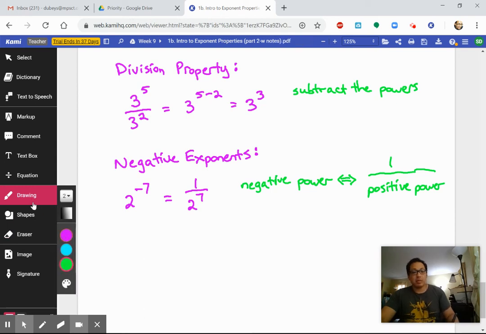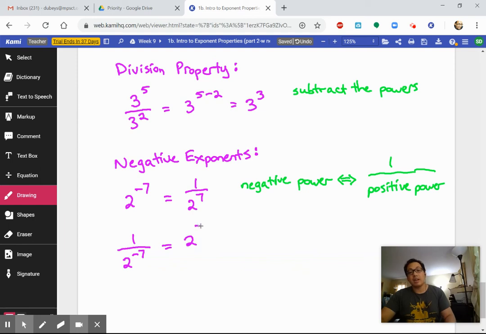Another example: if the negative was on the bottom, if I had 1 divided by 2 to the negative 7, that's the same as I could flip it to the top. I could say it's 2 to the positive 7th power on top.